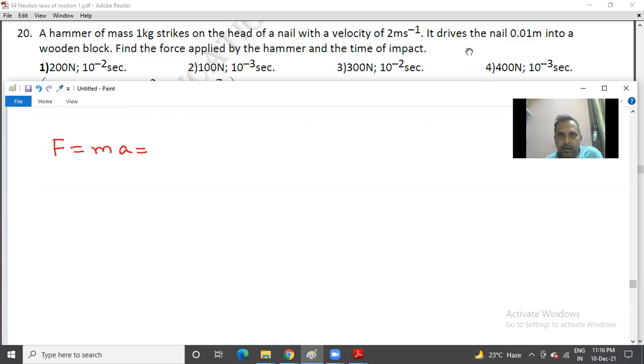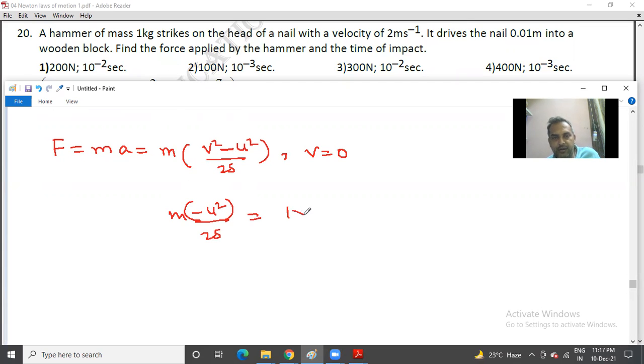To incorporate the values given, change a to v square minus u square by 2s. The hammer is going to come to rest, which means v is equal to 0. So you get u square by 2s.